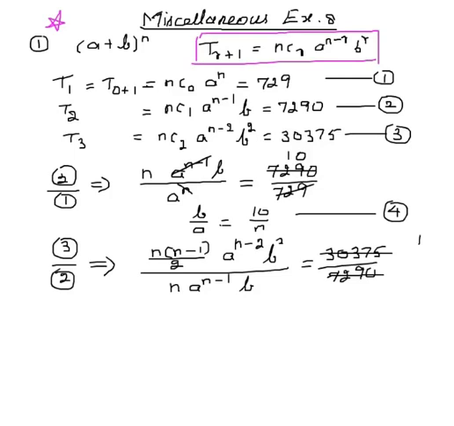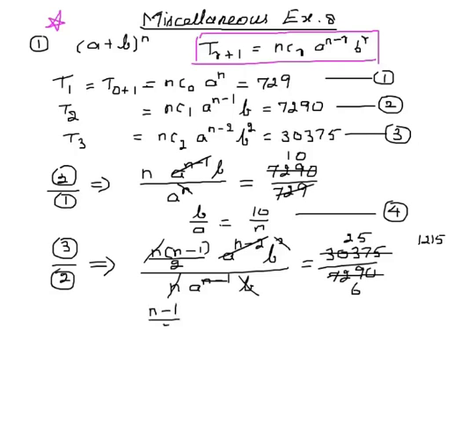We can cancel 1, 2, 1, 5 from these two numbers. We get 25 here and we get 6 here. Or keep cancelling the smaller numbers. You will get 25 divided by 6. And n could be cancelled here. b gets cancelled. a^(n-2) gets cancelled.